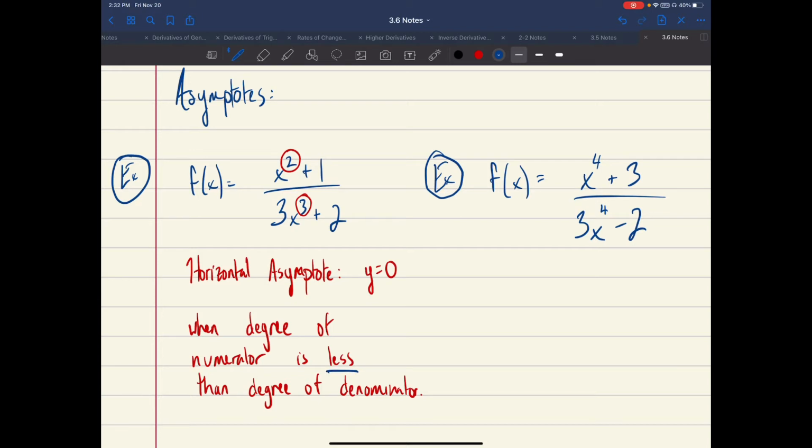Okay, so if that happens, and we're just looking at the leading terms, we don't have to look at anything else. So the term with the highest power in each spot is what we focus on. So if you have a degree that is less in the numerator, it's going to be y equals 0.